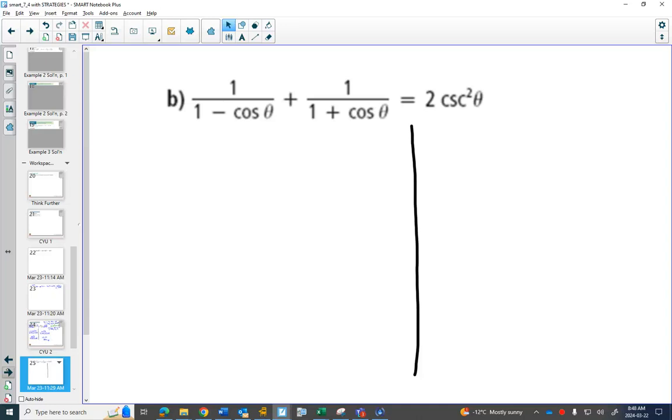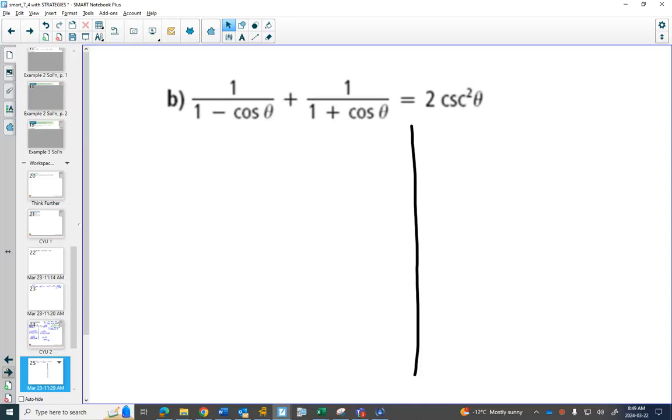Neither are wrong, but you're probably thinking you would like to do the fastest way every time. So you have to take a little bit of time to look at something to see if there's a fastest way. So when I see cosecant squared, I'm like, hey, I know that's one of my Pythagorean triplets.